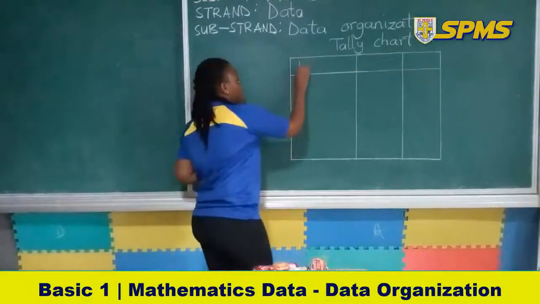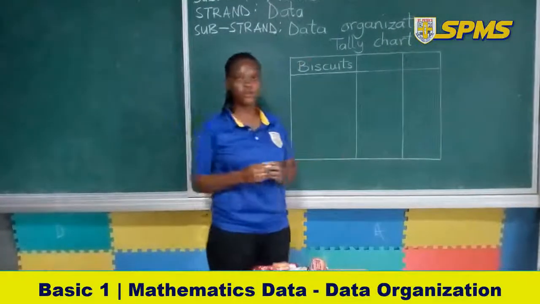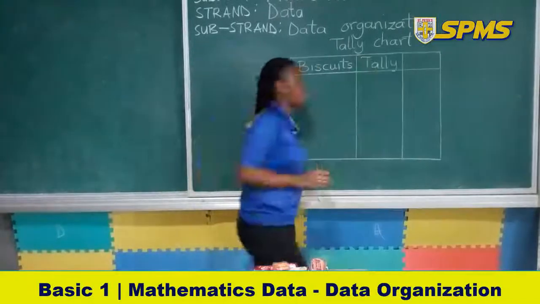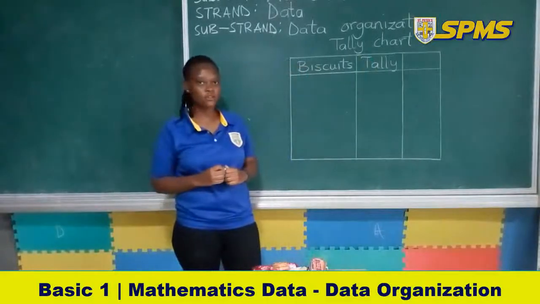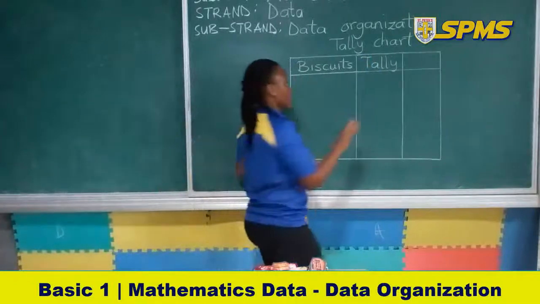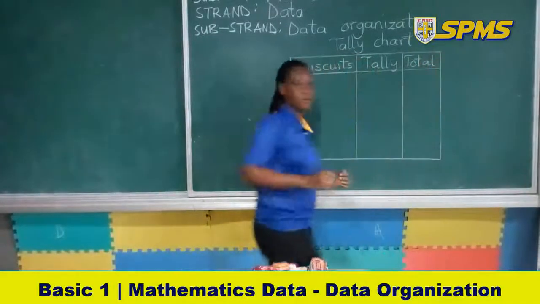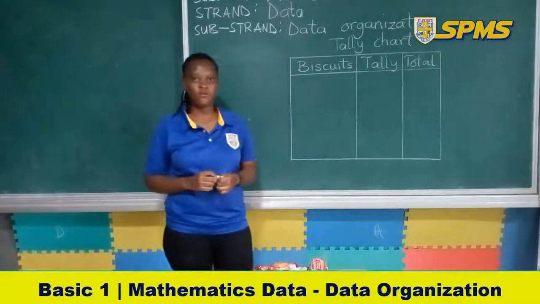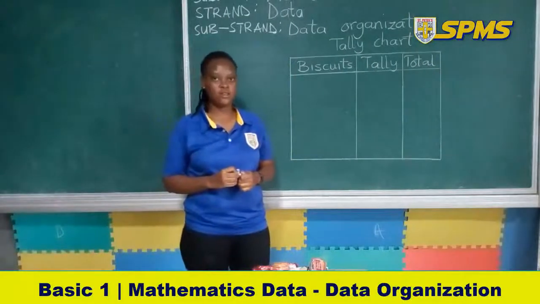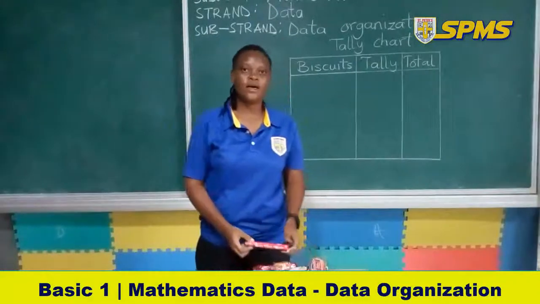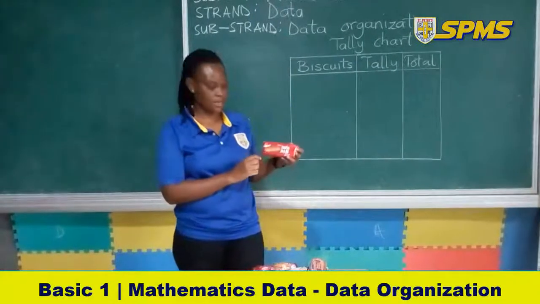So we have our second column, the tally. Very good. And then the last column, total, the total number of tallies.